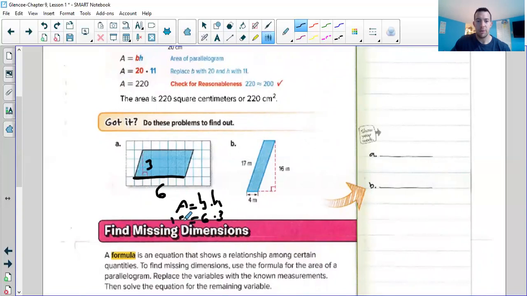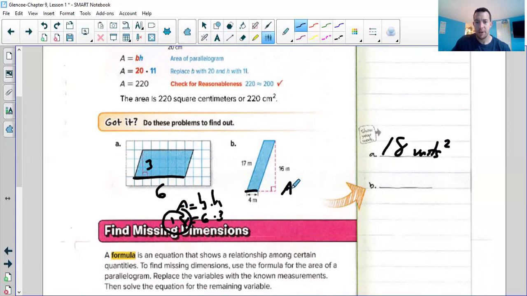My area equals 18. So I would write 18, and they don't give me anything, so I'm just going to call it units squared.